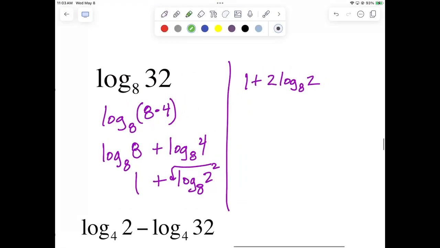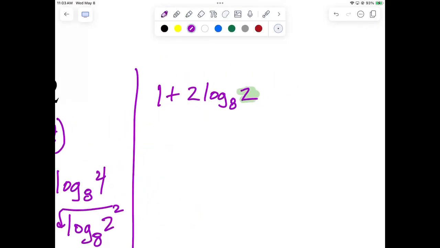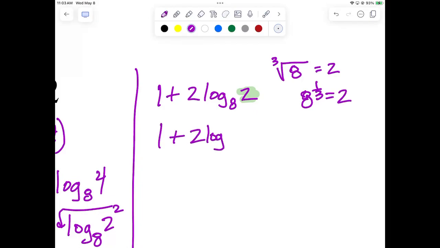Now, can I write 2 as a power of 8? Yes. The cube root of 8 is the same thing as 2. So that would be 8 to the 1/3 power, yes? So I can say this is 1 plus 2 log base 8 of 8 to the 1/3 power.